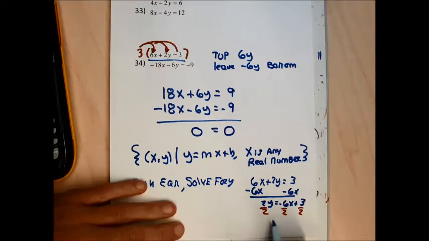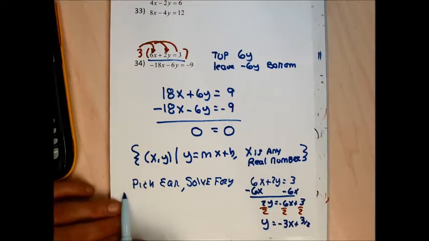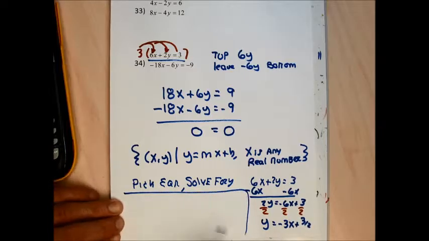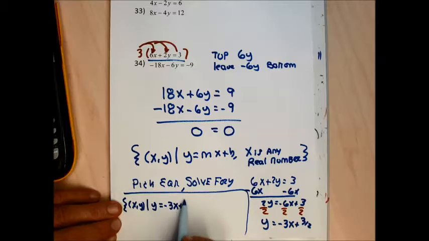And get y equals minus 3x plus 3 halves. Now I can try to squeeze my answer in. My answer for problem 34 is going to be the set of xy such that y equals negative 3x plus 3 halves, where x is any real number.